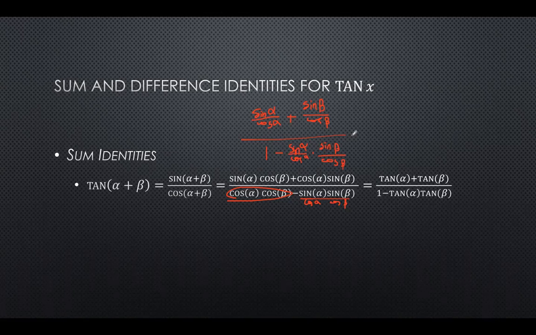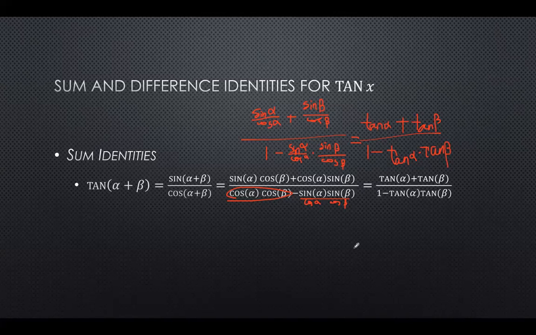Okay. And we can simplify each term. Sine over cosine is tangent, so tangent alpha. This one is tangent beta. One minus sine over cosine, again tangent alpha, and sine beta over cosine beta is tangent beta, which is what we have here.